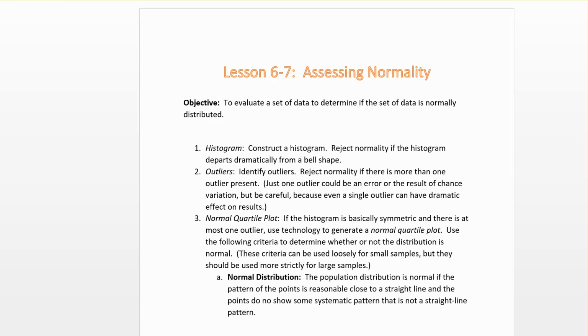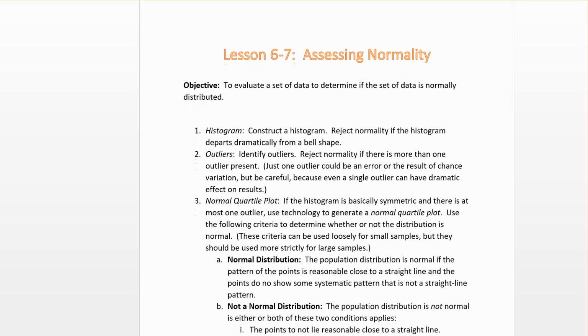So the first criteria we're looking for when we do a normal quartile plot is that the population is distributed normally if the pattern of the points is reasonably close to a straight line and the points do not show some systematic pattern that is not a straight line pattern.